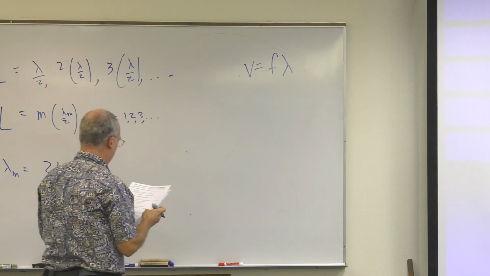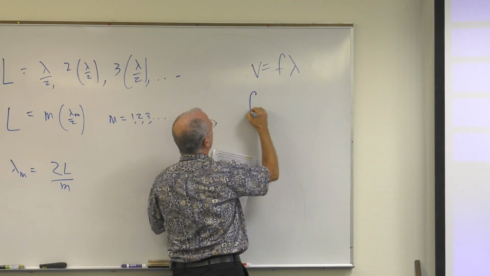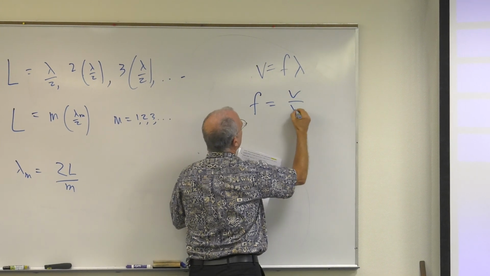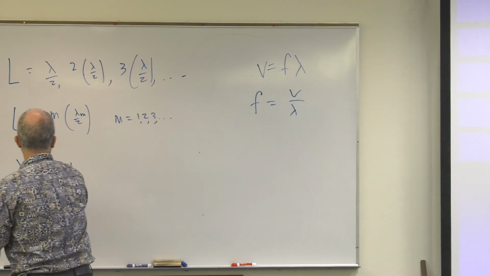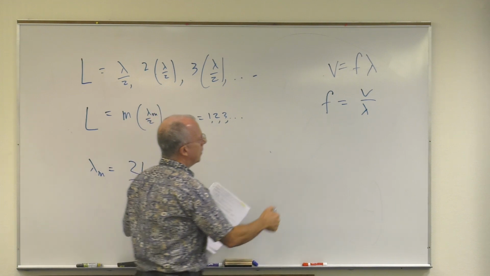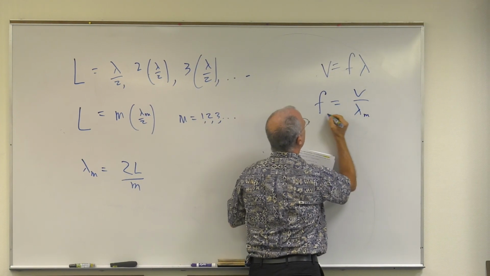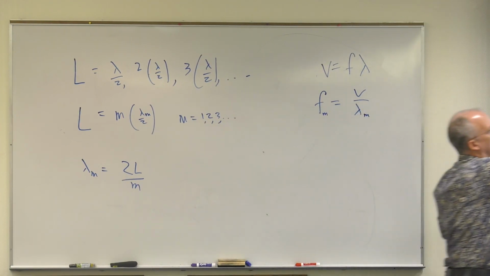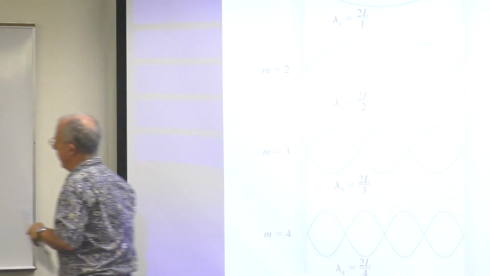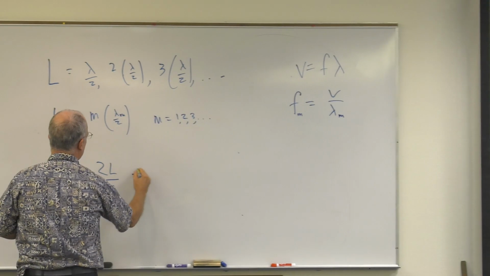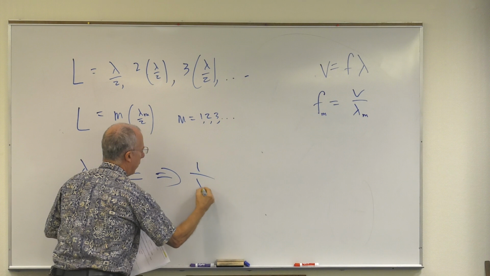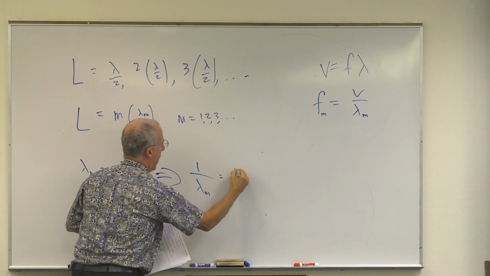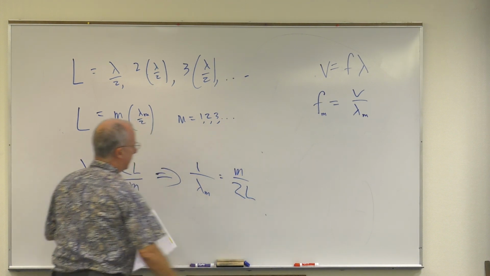So let's use that. Solve for F. So F is V over lambda. Here's lambda, and we might as well put subscripts, because this is going to be frequency 1, frequency 2, frequency 3. But we want 1 over lambda. So therefore, 1 over lambda m equals m over 2L.